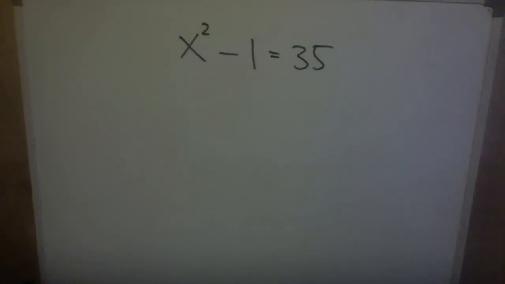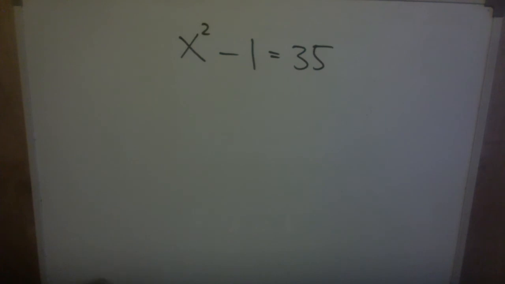Okay, here's the next problem. We have x squared minus 1 equals 35. Unlike the previous problem, we have numbers on both sides. In a problem like this, you can get all the x's on the left-hand side and all the numbers on the right-hand side, collect the like terms, and take square roots of both sides.